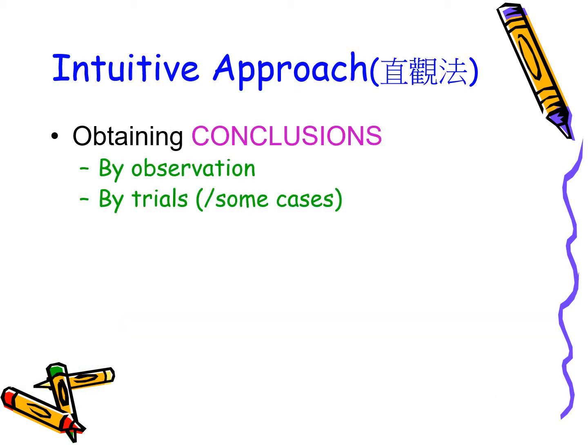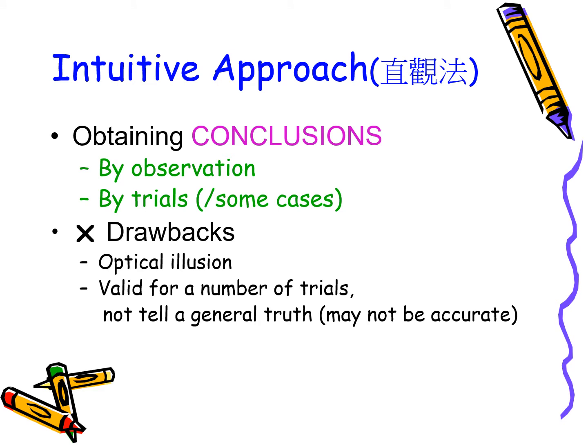If we try to obtain some conclusions by observation, 觀察, or by trials, by studying a few cases, then we can see that there are some possible drawbacks.